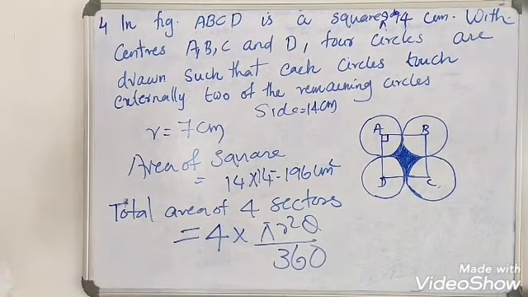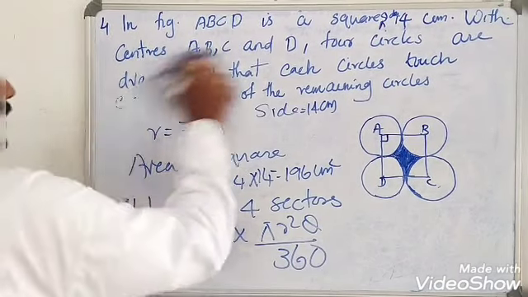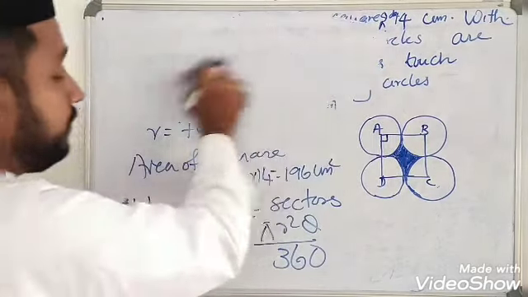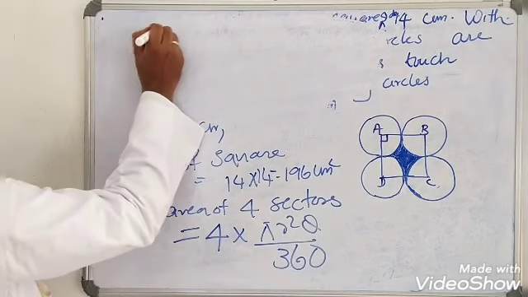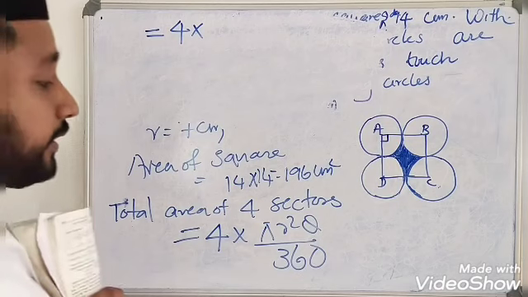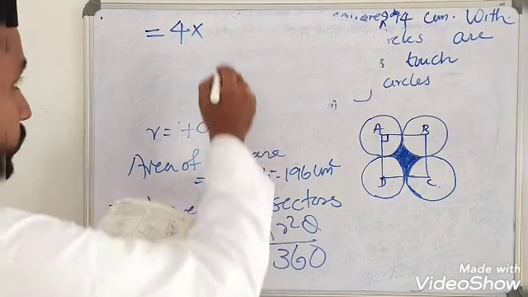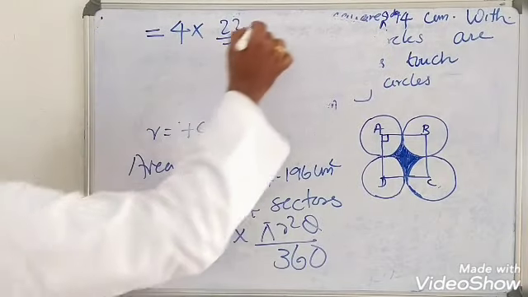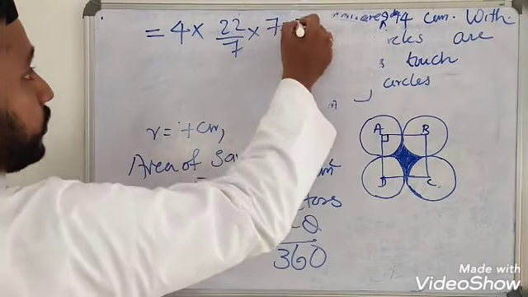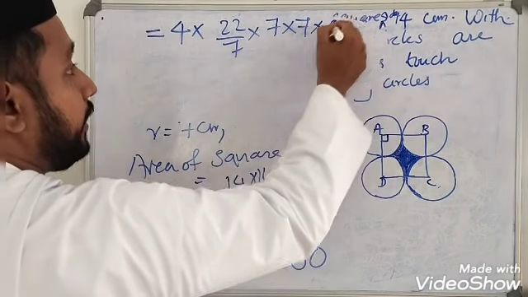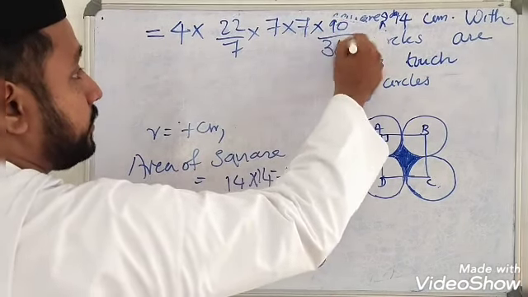Pi is 22 by 7, radius is 7, that is pi r square, 7 into 7, into 90 by 360.